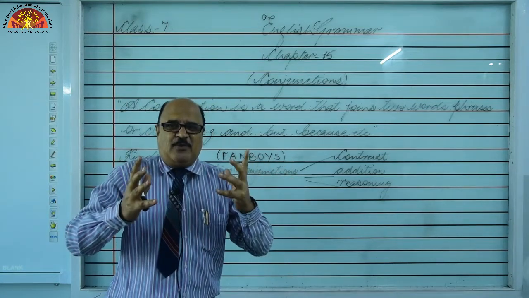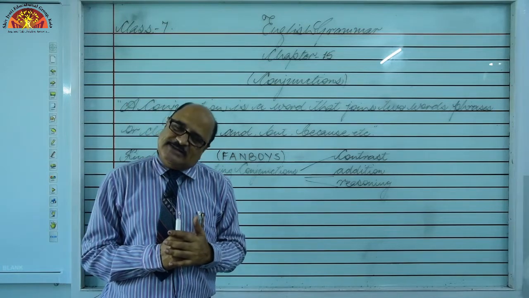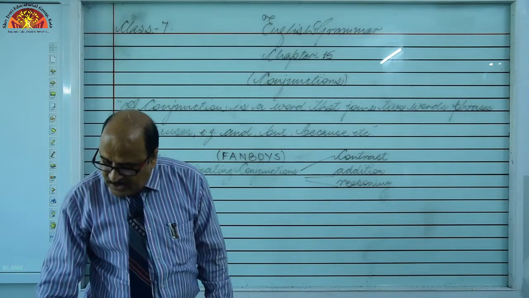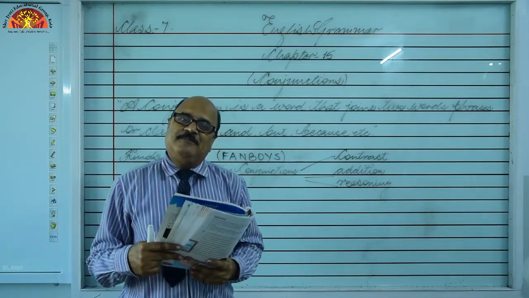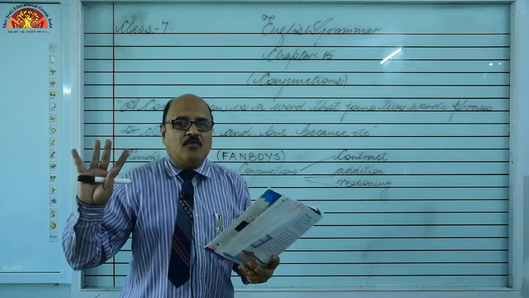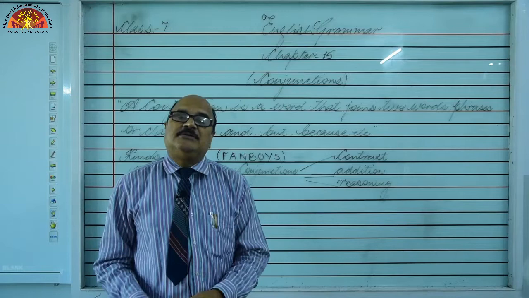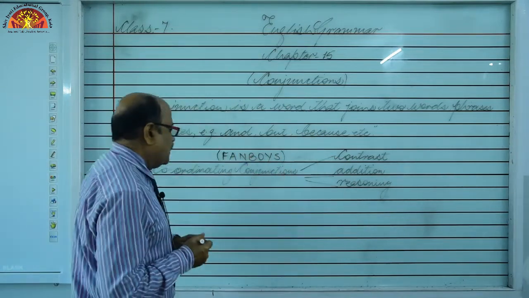Two opposite things have been connected with but, yet. So, that is okay. In your book, have a look at the example. Rita's proposal was not accepted, right? Rita's proposal was not accepted. She was not depressed. These are two opposite sentences, okay?